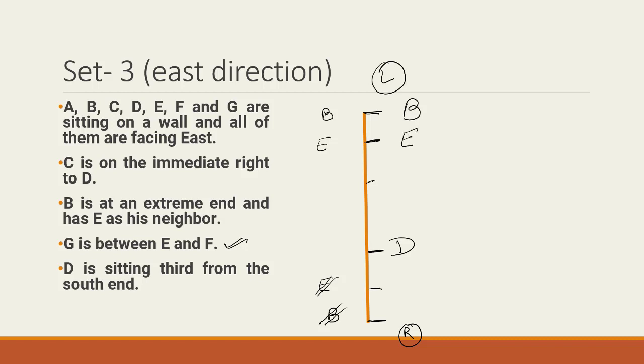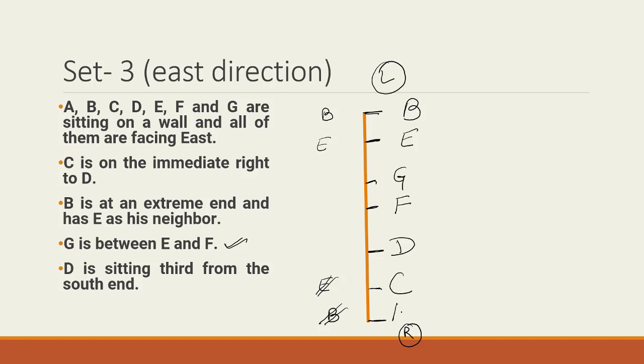So there should be two more positions here because D is third from the south end. G is between E and F. So this position should go to G. This should be F. C is on the immediate right of D. Now if this is D, his immediate right is down. So C should be here.